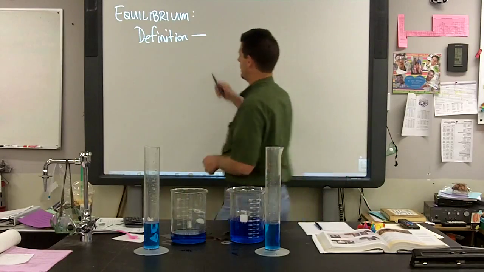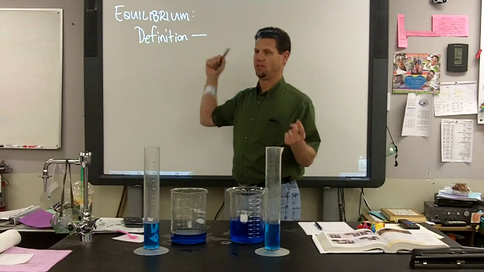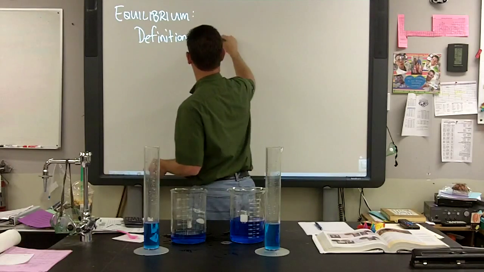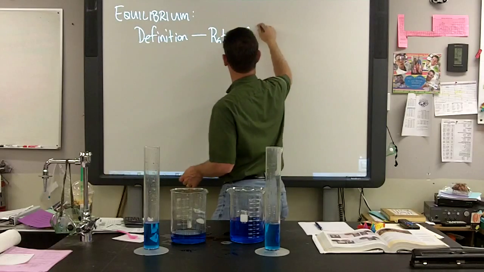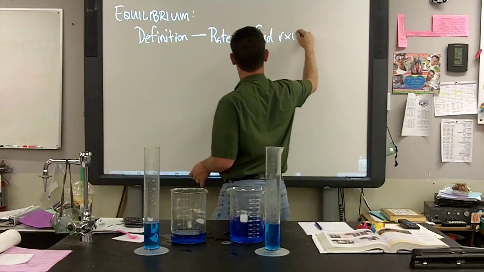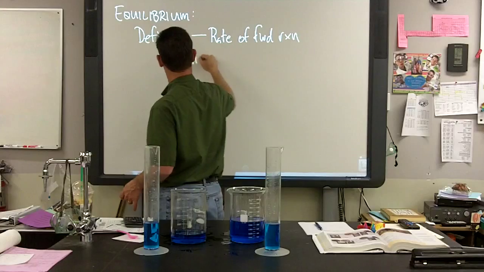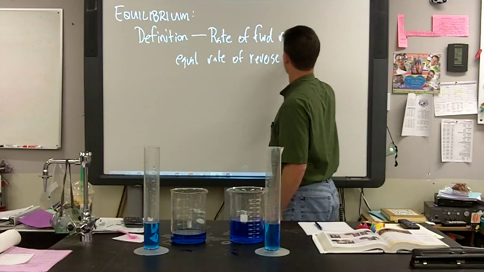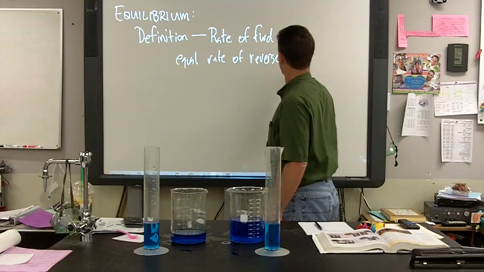What that would look like is, in definition, I just gave it to you, it's the equal rates forward and reverse. So the rate of forward reaction is equal to the rate of the reverse reaction. Okay?